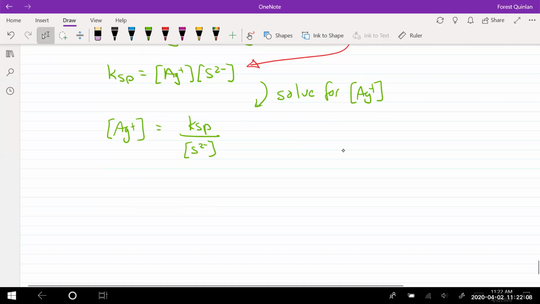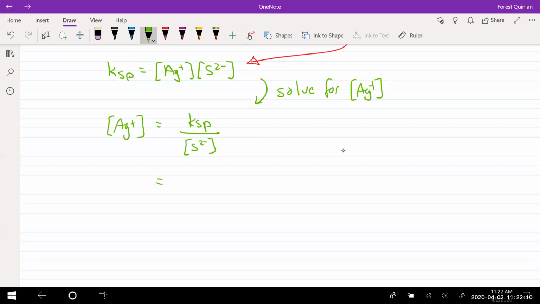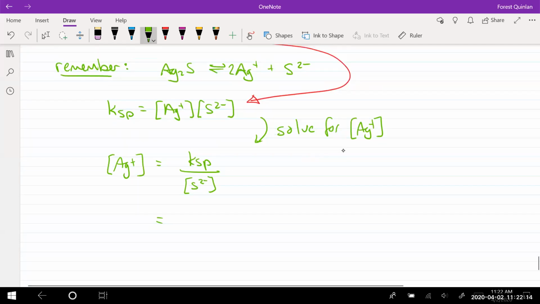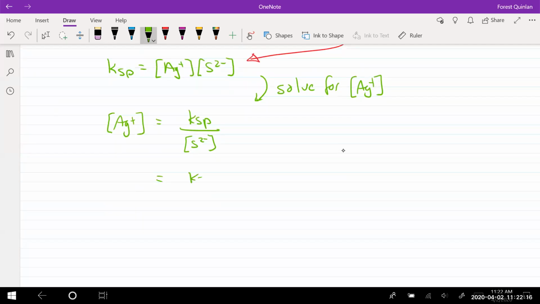You remember when I said it's just math, guys? Check it out. So this is going to be KSP times the concentration of H plus squared all over Ka1 Ka2 times the concentration of H2S.